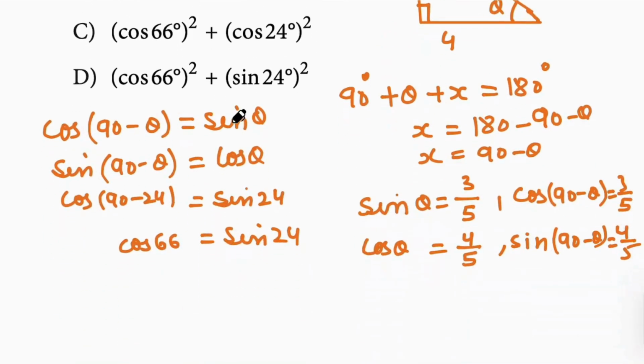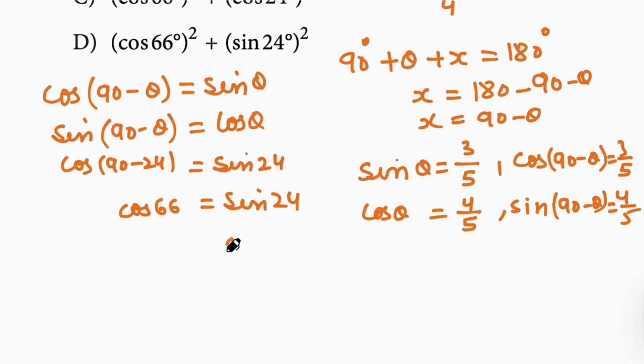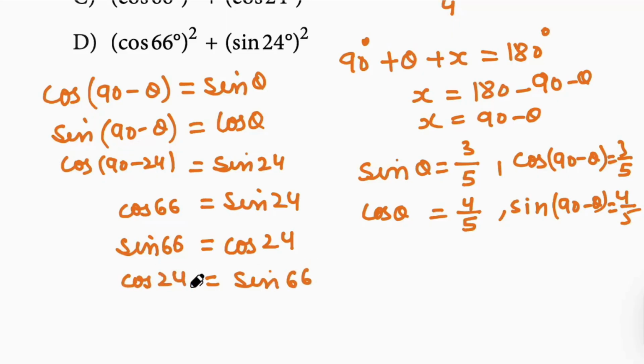Cos 24 will be equal to sine 66 by applying this formula. Sine 66 will be equal to cos 24. And sine 24 will be equal to cos 66, that we have done before. I'm just applying this formula everywhere.